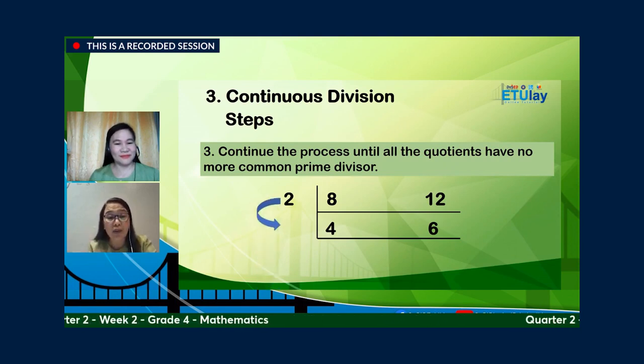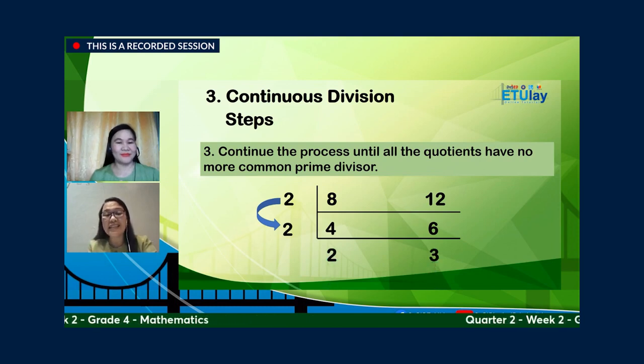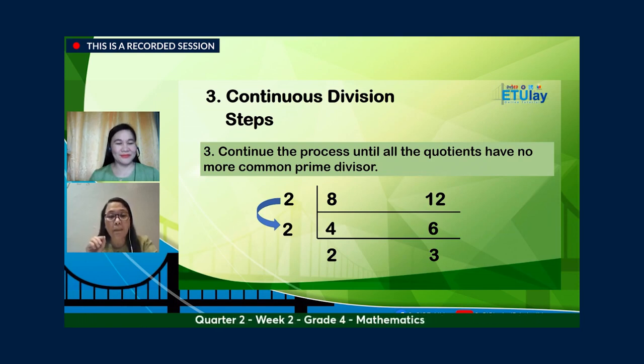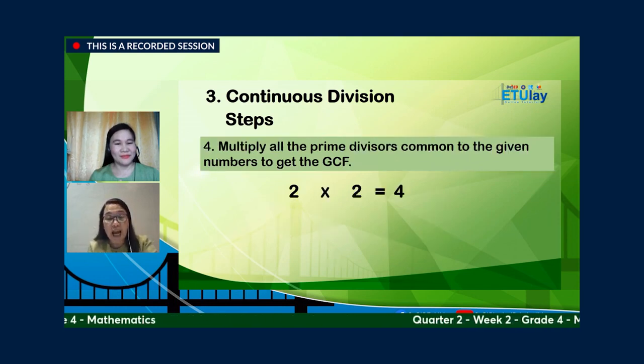So we are going to divide 4 and 6 by 2 again. So 4 divided by 2 equals 2, and 6 divided by 2 is 3. So take a look at the prime factors. Okay, we have there 2 times 2 equals 4.